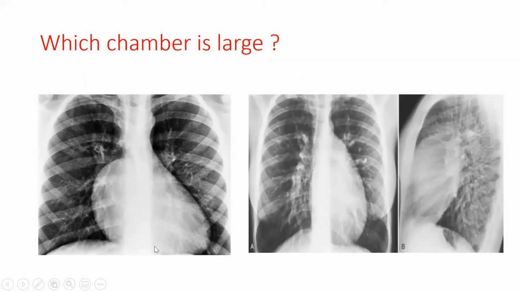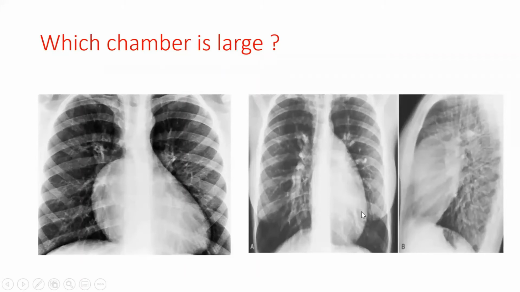You see the heart is kind of standing or sitting on the diaphragm instead of lying on it. Once you appreciate that the heart is shying away from lying on the diaphragm, this is RV dilatation. You see here the attachment of the heart to the diaphragm is less of a surface area than it should be, because of the RV elevating the heart superiorly. So this is RV dilatation.